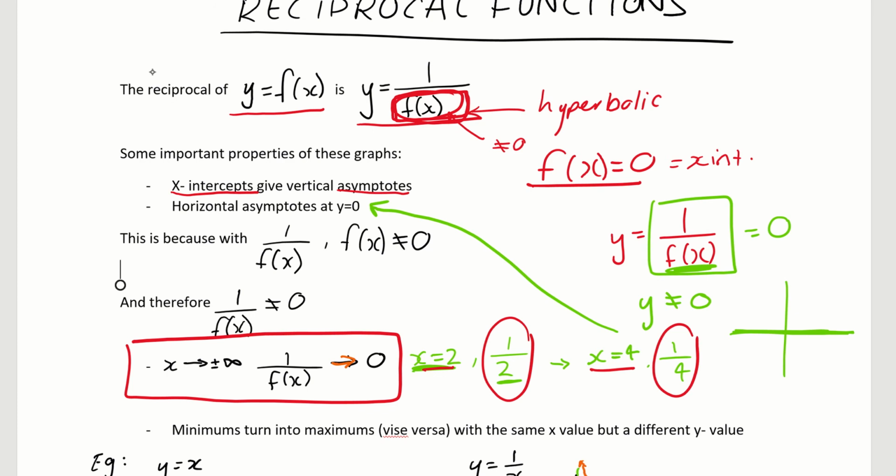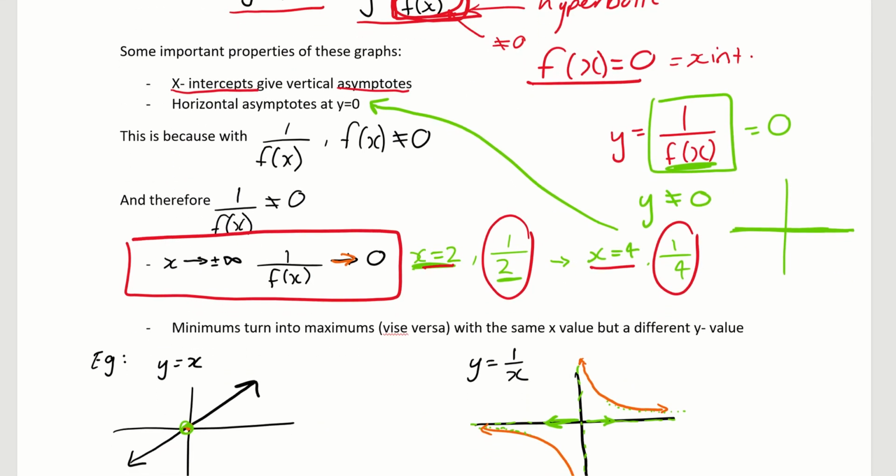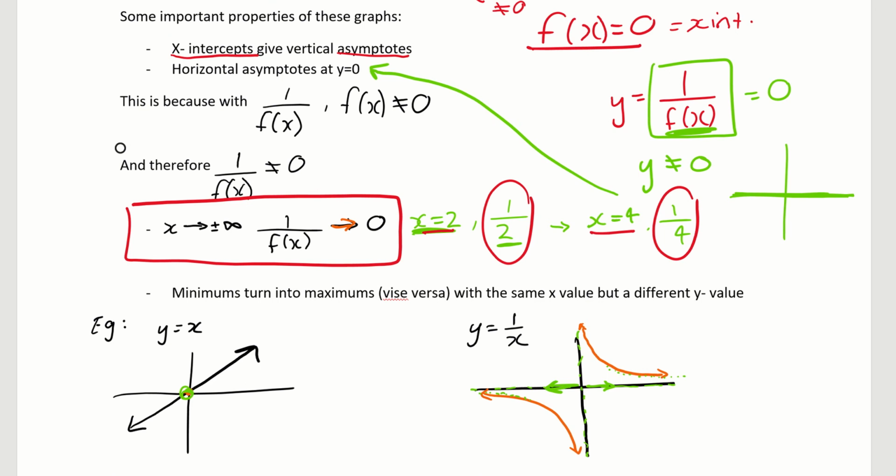And same as negative x values. The further negative values you sub in, the smaller that fraction is going to be. The best example for this is your classic y equals x. So this graph here is our perfect diagonal line. And we know that if we take the reciprocal of x, it's 1 on x.